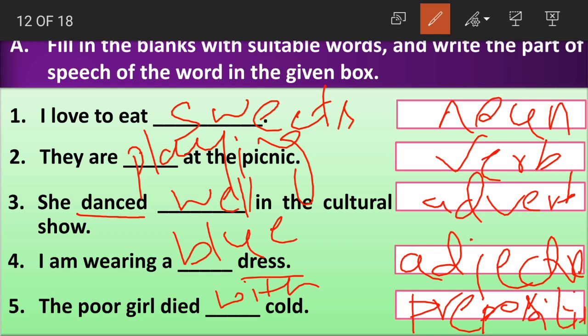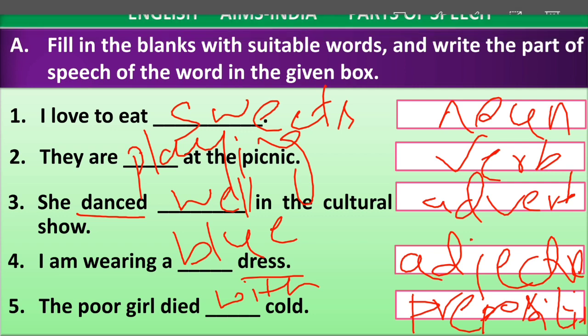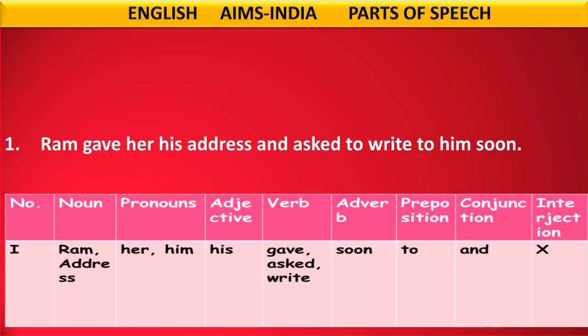Why is this a preposition? Because it is showing the relation of the noun. The poor girl here and cold here, this word is showing the relation of these nouns. That is why this with becomes our preposition. Okay, children? Understood?